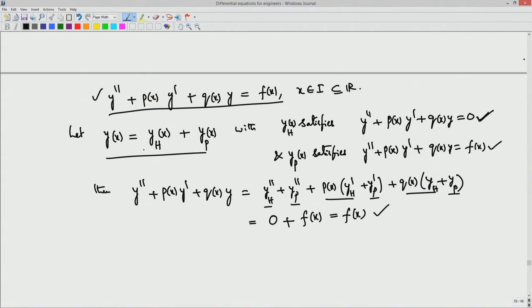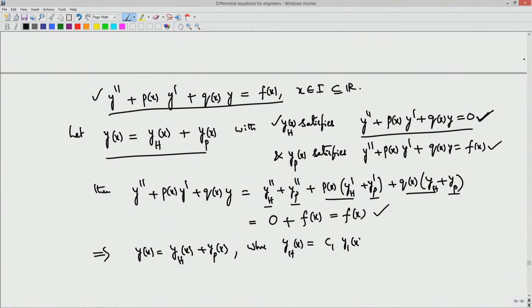That will have 2 arbitrary constants because yh has 2 arbitrary constants. So this implies y of x equals yh of x plus yp of x, where, assume that you can find the general solution of the homogeneous equation, y1 and y2 of x are 2 linearly independent solutions, then their linear combination will be the general solution of the homogeneous equation.